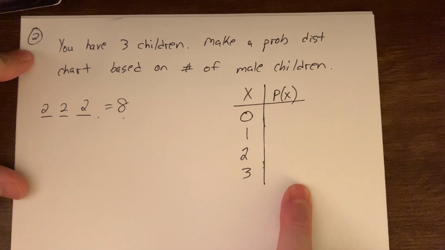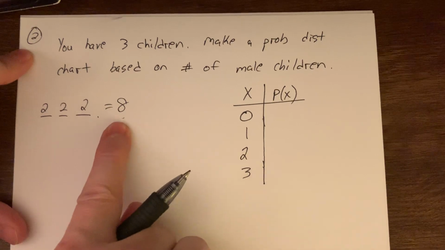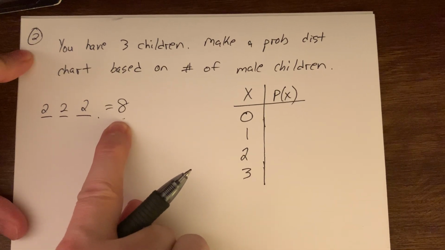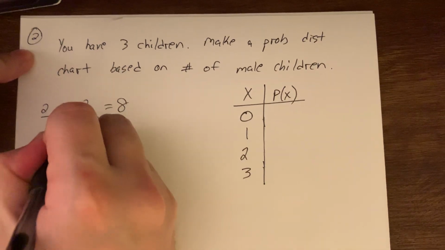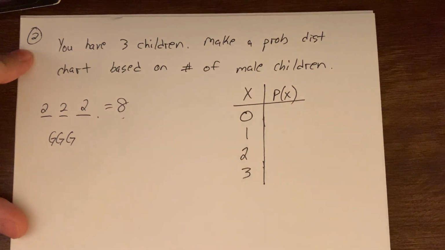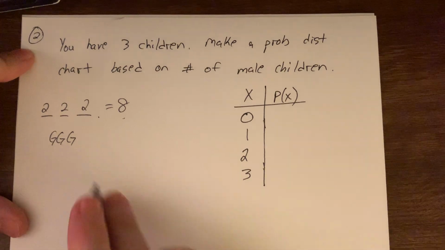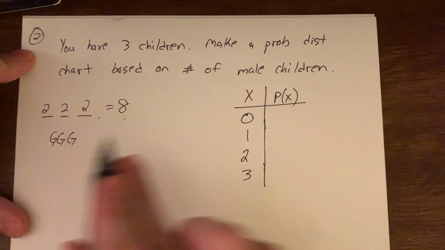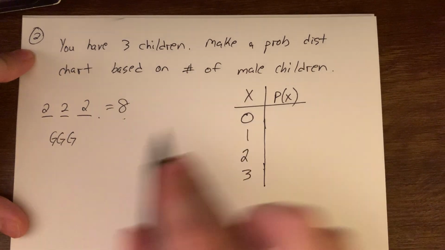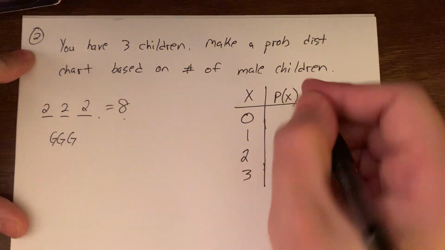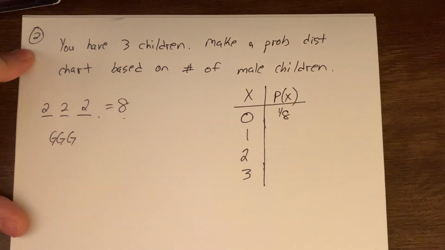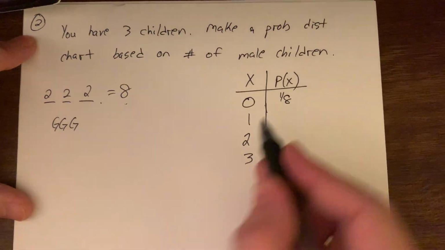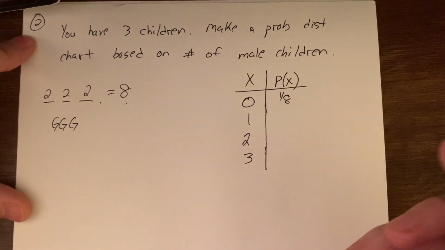But now let me just be methodical. What are all 8 of these outcomes? Well, let's think about how many ways can I have 0 boys. I have all 3 girls, and that's it. That's the only way that I end up with 0 male children. So that's 1 outcome out of 8. So the probability of having 0 boy children is 1 out of 8. But now, what about having 1 boy?